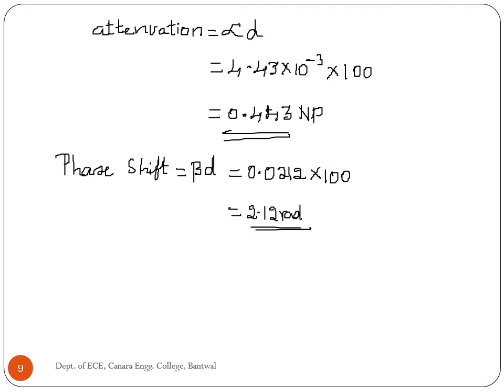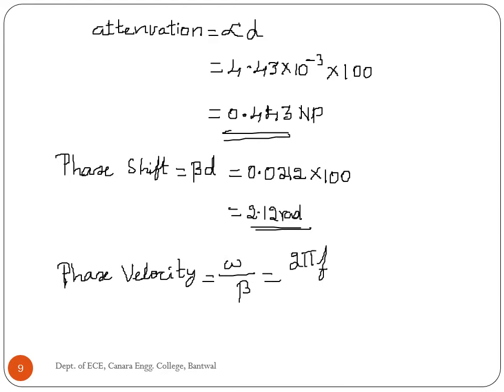Now we need to find out phase velocity. It is equal to omega by beta, which is equal to 2 pi f divided by beta.